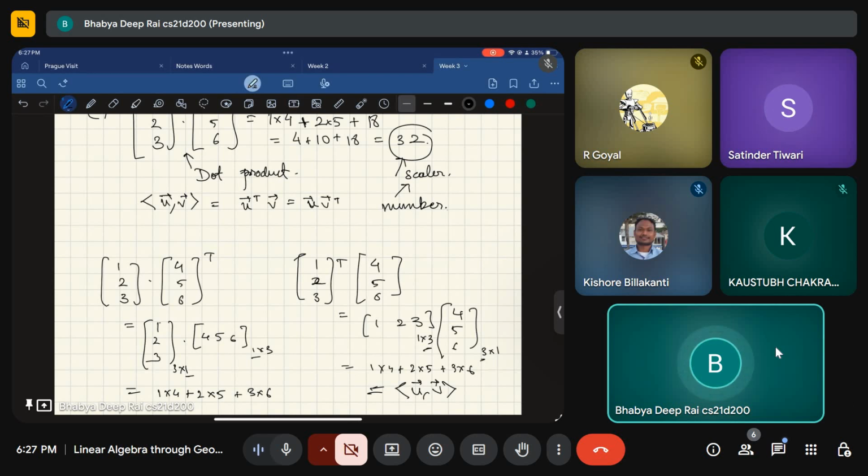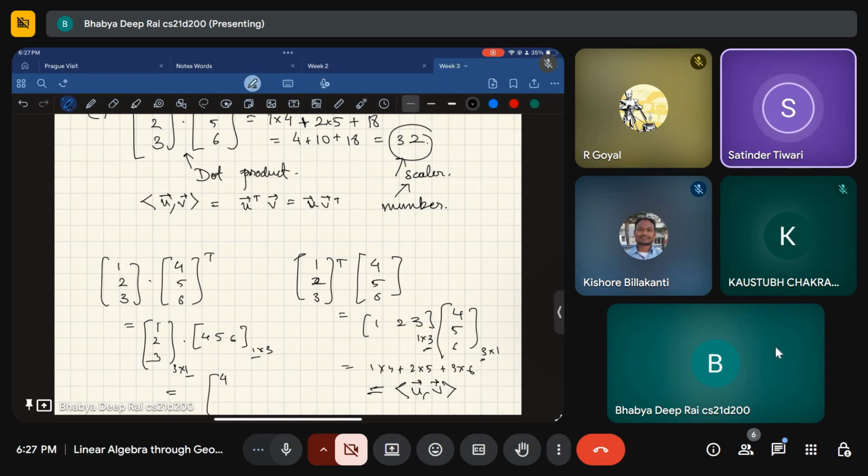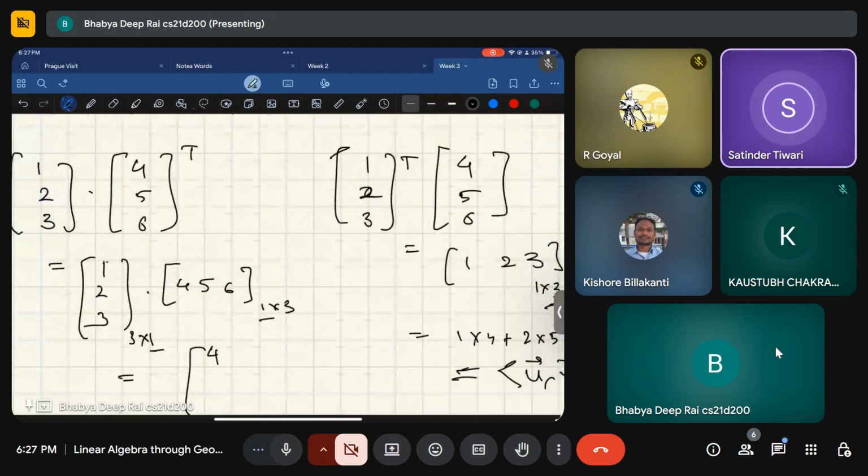So the first column here will multiply here, and this will be a 3 cross 3 matrix: 4, 5, 6 in the first row, then the second column will be 5, and the third column will be 6.